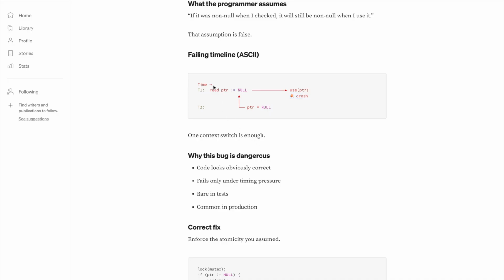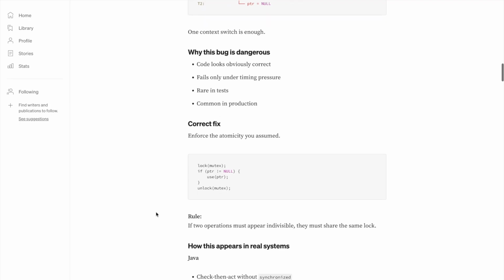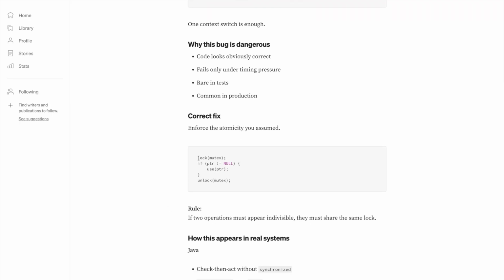Why is this bug very dangerous? Because at first glance it looks very clean and obviously correct, and it only fails under very specific timing, is rare to test, and is very common in production. A very simple fix can be using a lock. You can apply a lock and put everything inside.